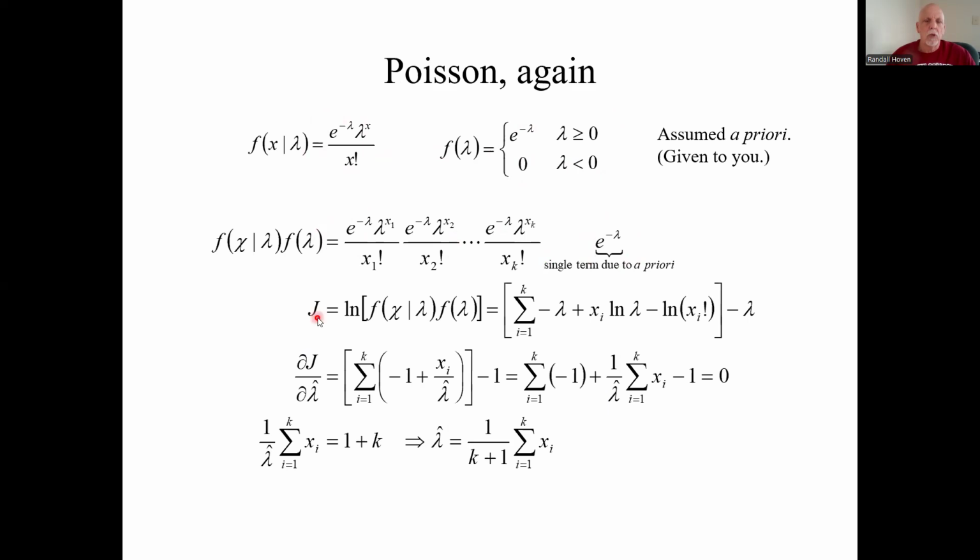So our log likelihood function, you could call it, well, still a MAP thing, or the thing we want to maximize is this J, which we'll call the log of this whole product, which will be this sum due to these guys plus the log of this guy.